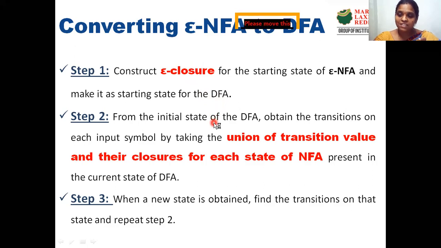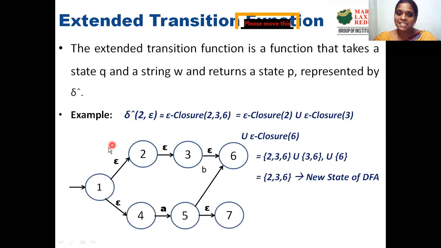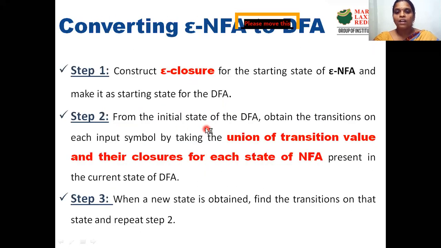Now from the initial state, we'll obtain the transitions on the input symbols of the DFA by using the extended transition function and making a union of all such states. Whenever we come across a new state, we again find the transitions by repeating step 2.